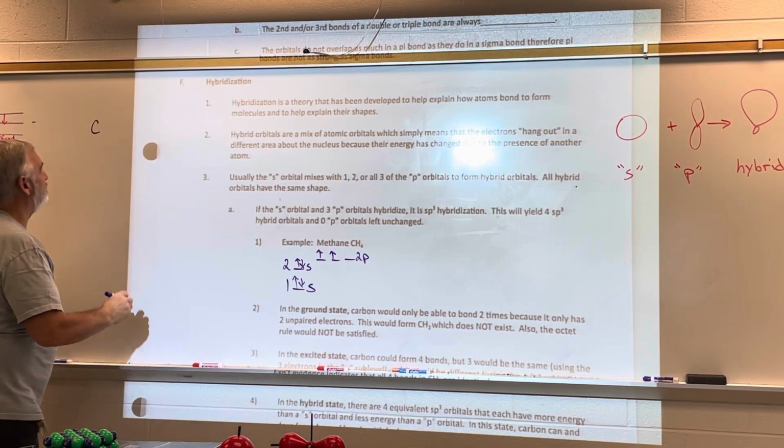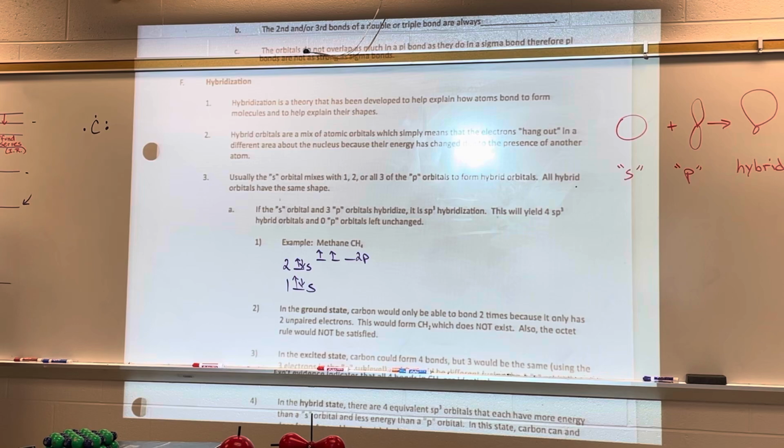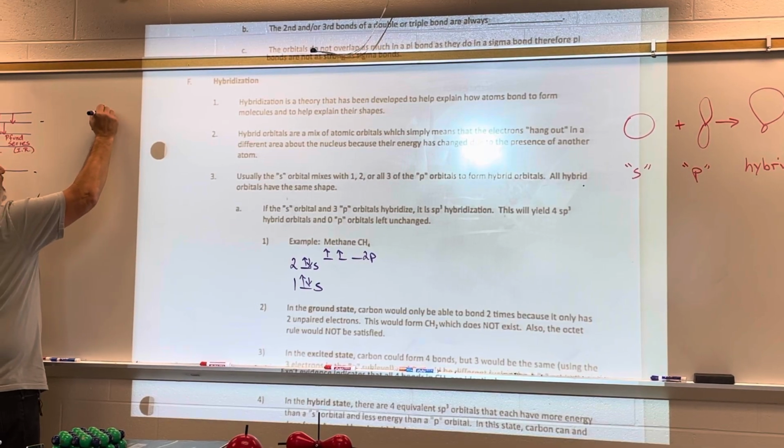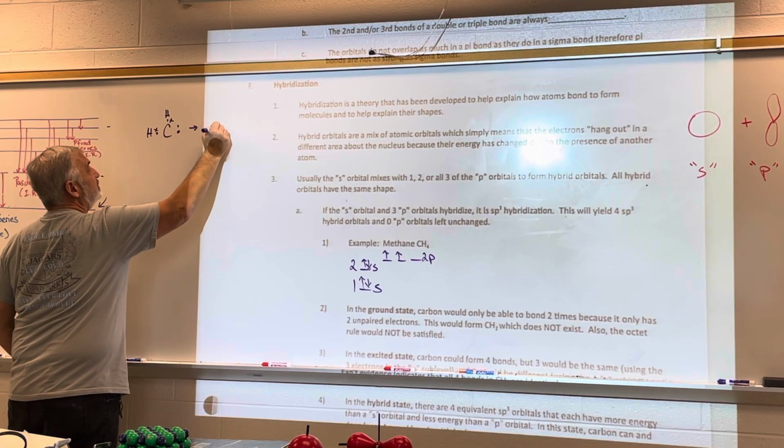If I was to draw the Lewis dot structure for it, I would have 2 electrons paired up here, and then 2 unpaired in the p's. That's my 2s and the 2p's. So if I really am going to make something with hydrogen, I can just have a hydrogen come in here and a hydrogen come in here, and I would make CH2.